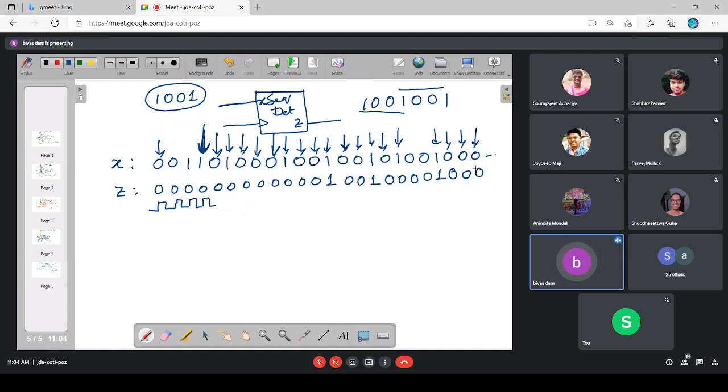So by the way, is this a combinational logic circuit design problem or a sequential logic circuit design problem? Sequential, because at every time instant, the output depends on the past history of the circuit.